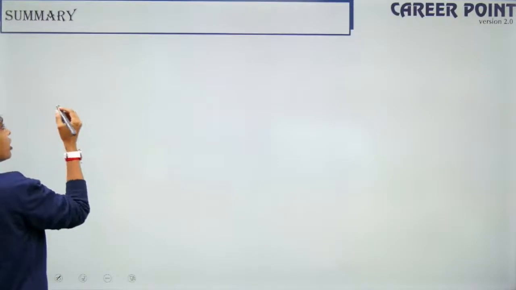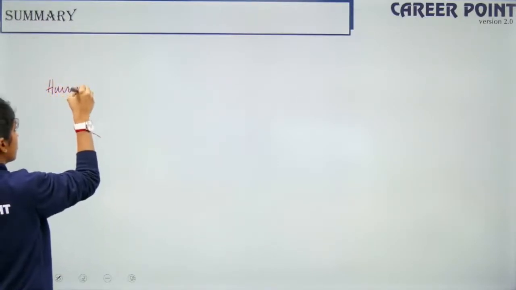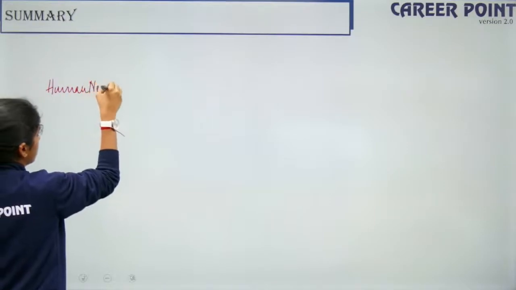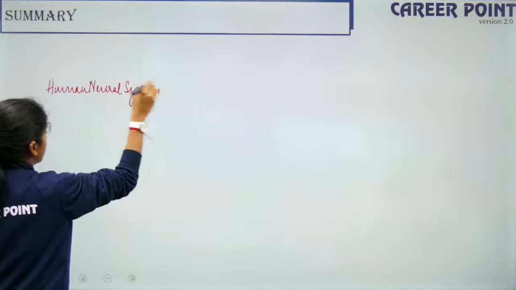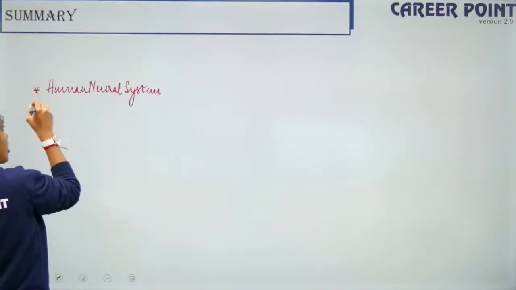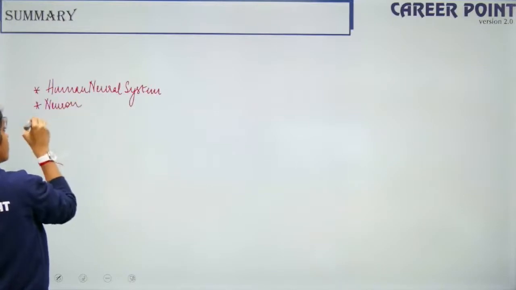So let's make it clear. I was talking to you about the human neural system. Then I was talking to you about the structure of a neuron and the types of neuron.